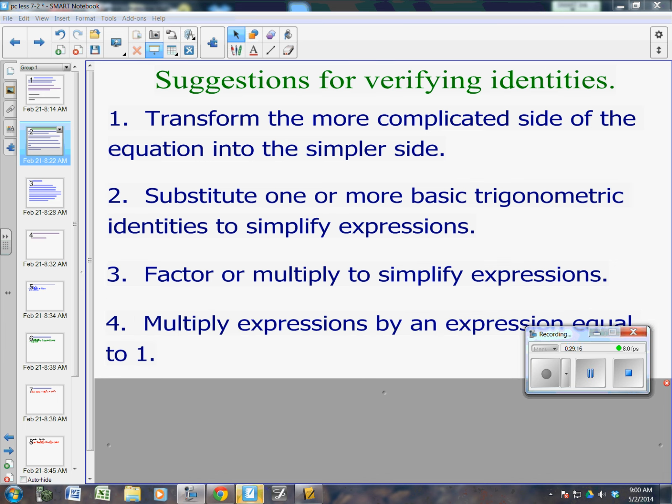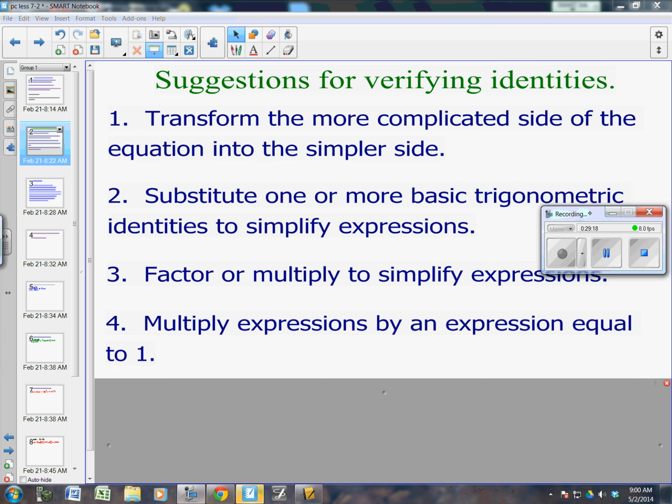Fourth one: sometimes you can multiply an expression by an expression equal to 1. Remember how we multiplied a fraction by 1 plus cosine over 1 plus cosine? We just did an example like that a little bit ago. That's a 1, but it changes what it looks like, and so it helps us to put it in a different form that will help us to solve it.